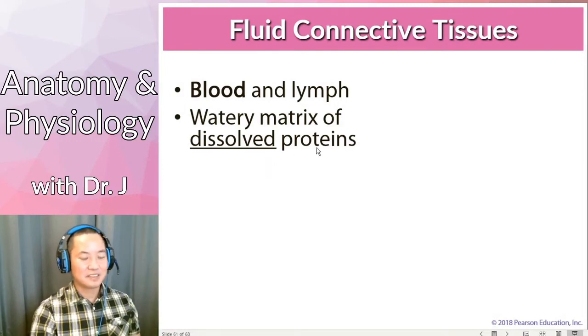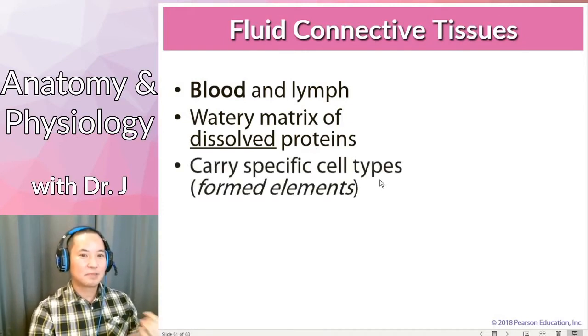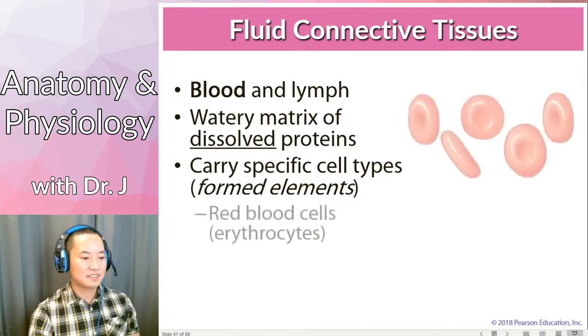It's a little special. Instead of having solid protein fibers, you can think of it as having dissolved water-soluble protein fibers. That means these protein fibers can be carried and dissolve easily in water, and they carry specific cell types. Just like how the fibroblasts, the adipocytes, and all the other connective tissue proper cells have specializations, you also have specialized cells in fluid connective tissues.